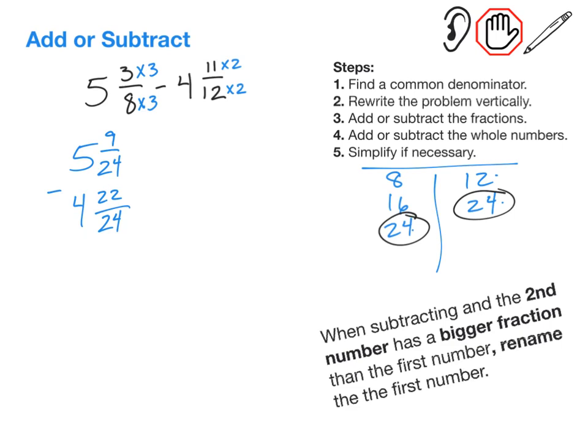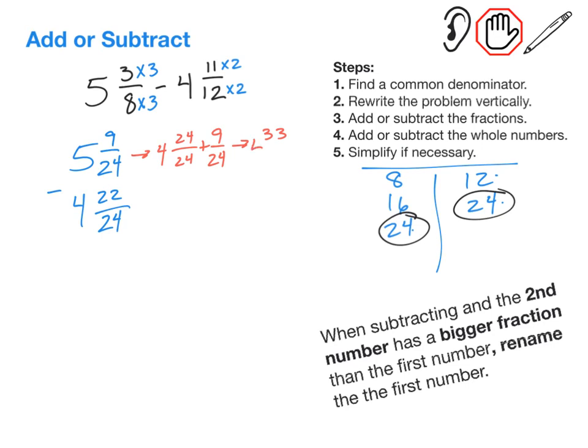I know that 1 whole equals 24/24ths, so I'm going to rewrite it as 4 and 24/24ths plus 9/24ths. And then to rewrite it again, I can add up 24 plus 9, which is 33.